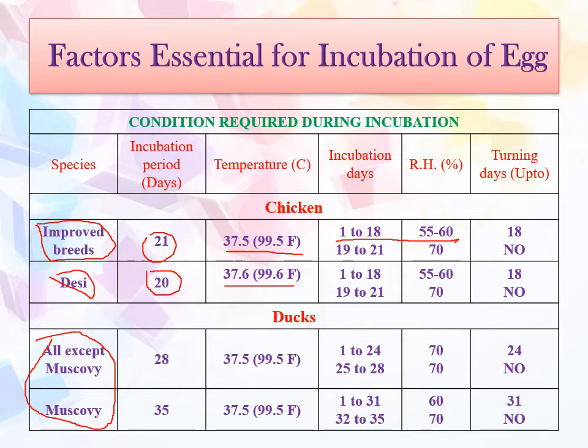And whenever they are in the hatcher for the last 3 days, 19 to 21 days, the humidity must be around 70%. And the turning for the first 18 days, whenever they are inside the incubator, is needed. But whenever they are in the hatcher for the last 3 days, there is no need for any turning. So this all will remain the same for the desi chicken breed also.